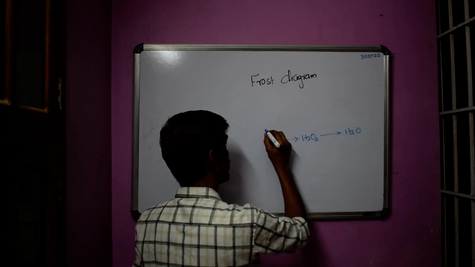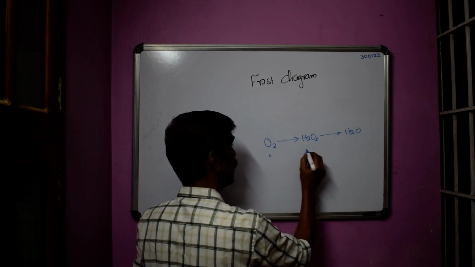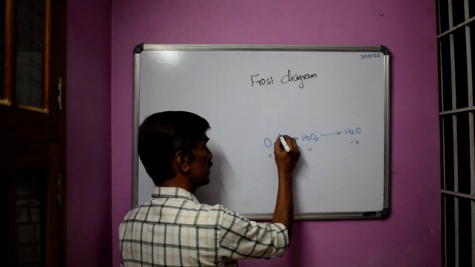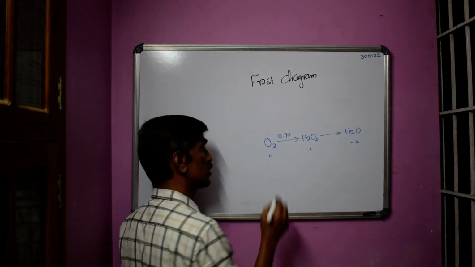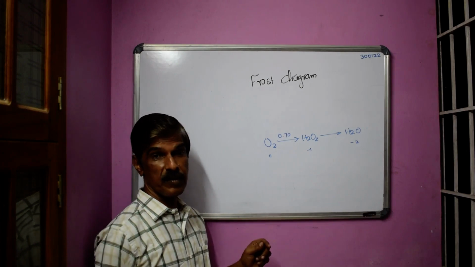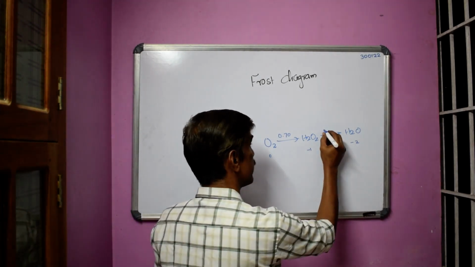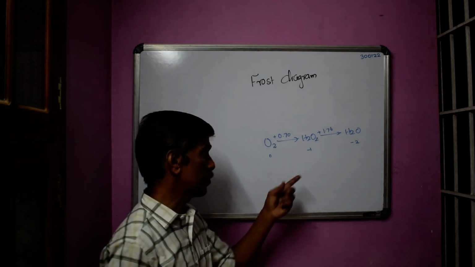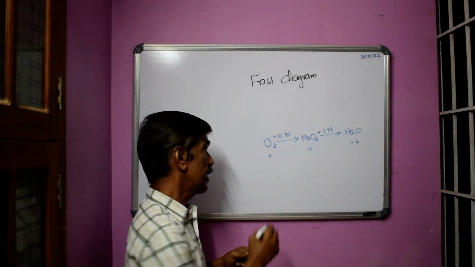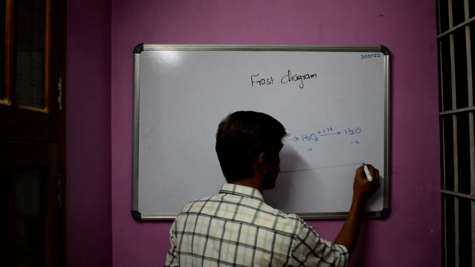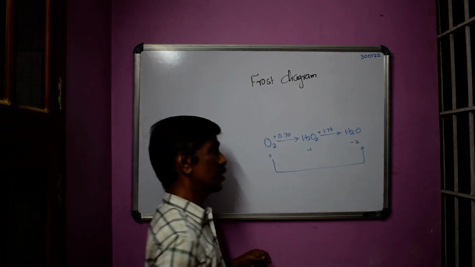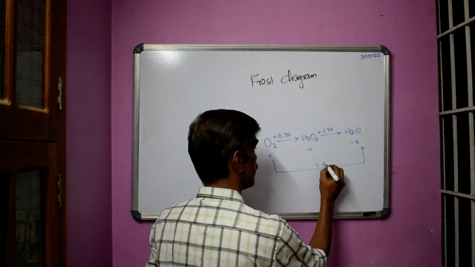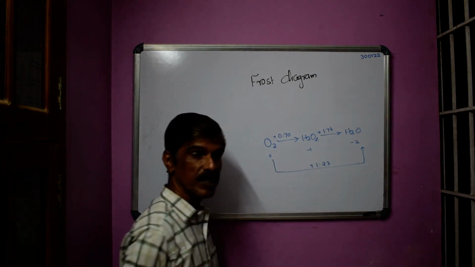And you can see the oxidation state ranges from 0, -1 and -2, and 0.70 is the E0 for the conversion of oxygen to hydrogen peroxide, and 1.76 is for hydrogen peroxide to water, both positive. And we have also seen that we can calculate the E0 value for the oxygen water pair, that comes to be 1.23, again positive.